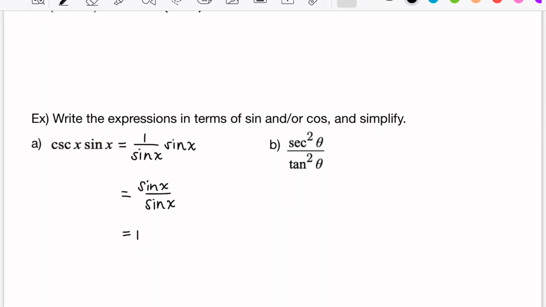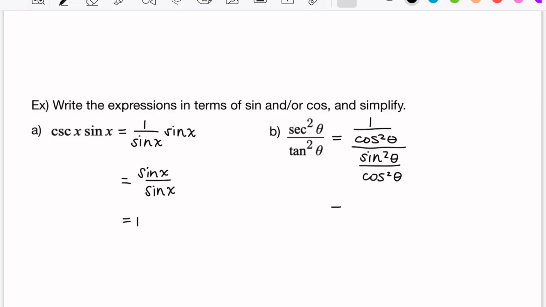Let's look at this example B here. This one is a little trickier, but we'll do the same thing here. We'll write our secant squared theta and our tangent squared theta in terms of sines and cosines. We know that secant squared theta is the reciprocal of cosine squared theta. And we know that tangent squared theta is the same as sine squared theta over cosine squared theta. That was one of our quotient identities. All right.